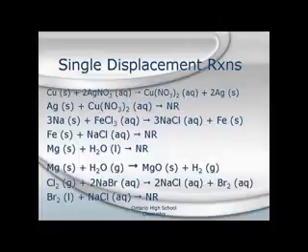One of the things that you want to look at as well is you have to write a formula, if the reaction occurs, for the ionic compound that's in aqueous solution on the other side. And copper is a metal that has more than one oxidation state.